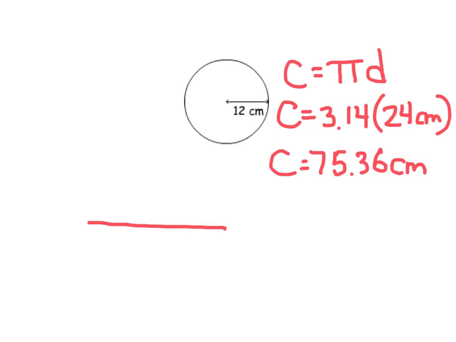If I took my circle, let's say it was a string, and I was able to cut it and lay it out flat, I would have a straight line. So our units are always going to be to the first power because they're linear, as opposed to area that we saw was to the second power because area is in squared units. Anyway, okay, let's move on.